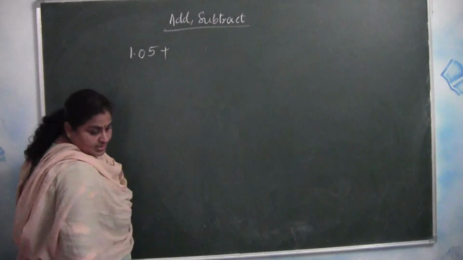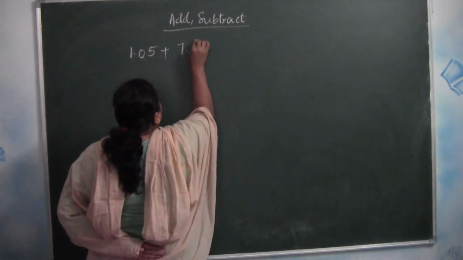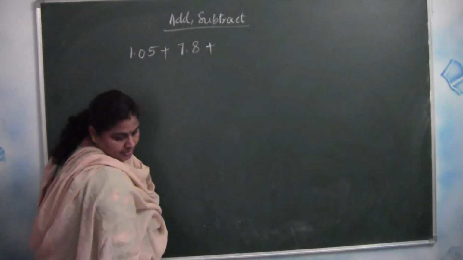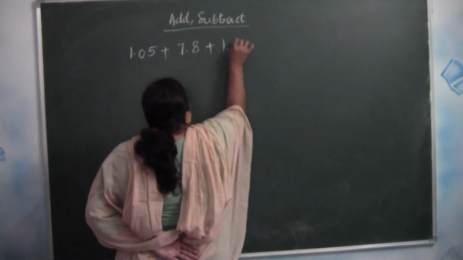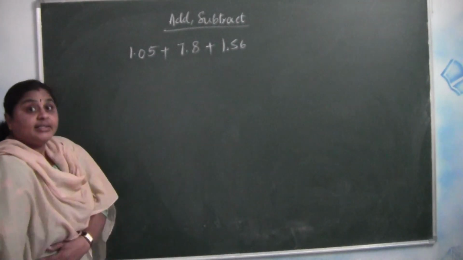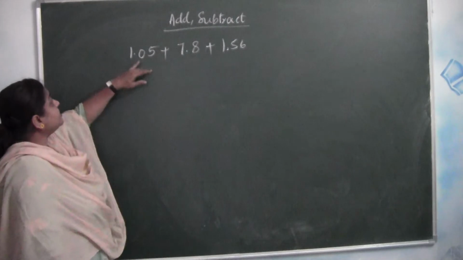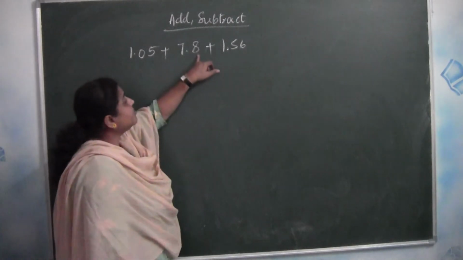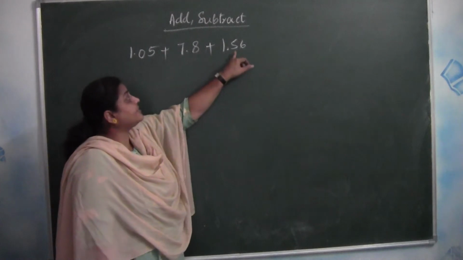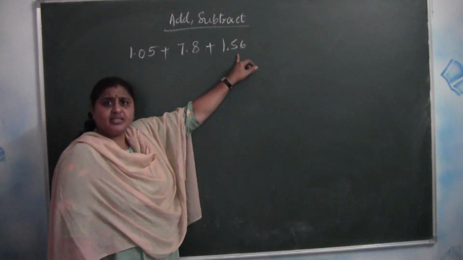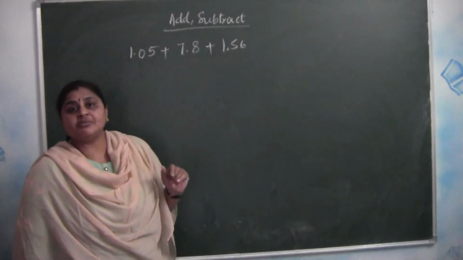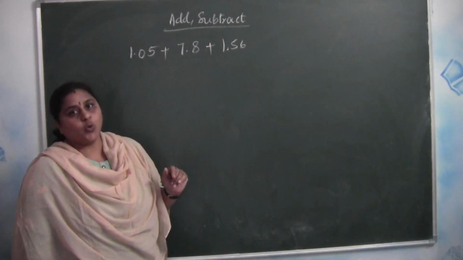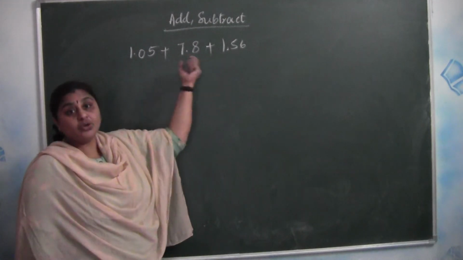1.05 plus 7.8 plus 1.56. Now I am going to add 3 decimal numbers. If you observe, after the decimal I have 2 digits, 1 digit, and 2 digits. Are all 3 like decimals? No. We have to convert them into like decimals.